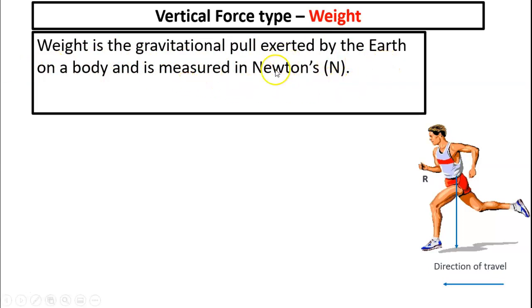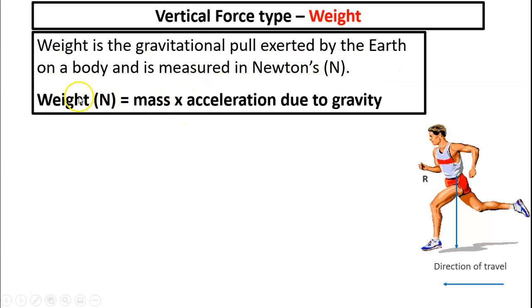In terms of how you work out weight, which you will have done or will do when you look at the calculations within biomechanics, it's mass, the mass of the human body in this case, times acceleration due to gravity, so the speed at which it's pulled down towards the earth. That is how we measure weight.